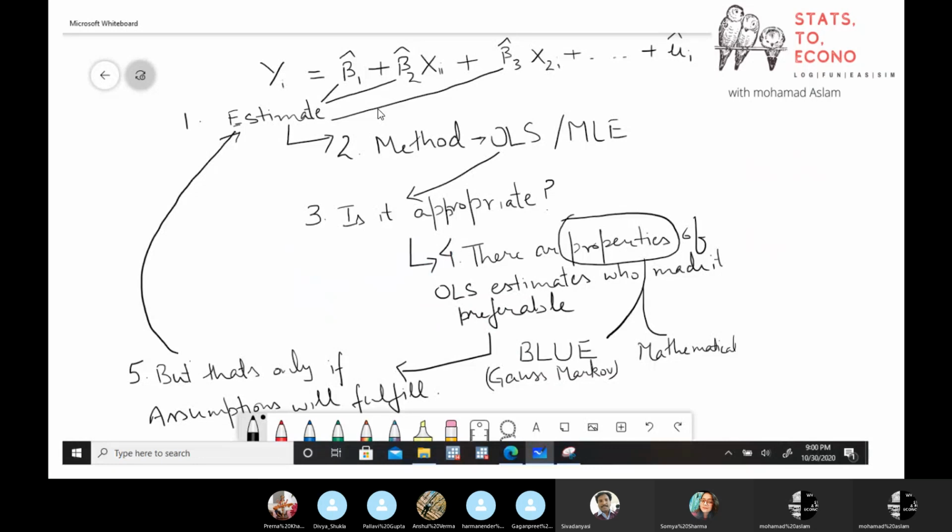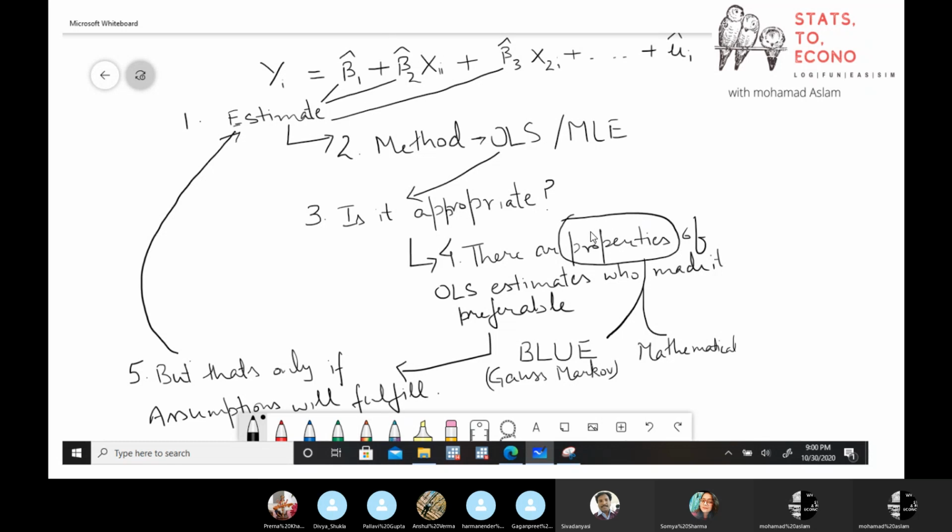So the next step, after the econometric model, is to measure the estimates, and for that some method is required, for example OLS or MLE. But how can we rely on this particular method? Is it appropriate to find these estimates?